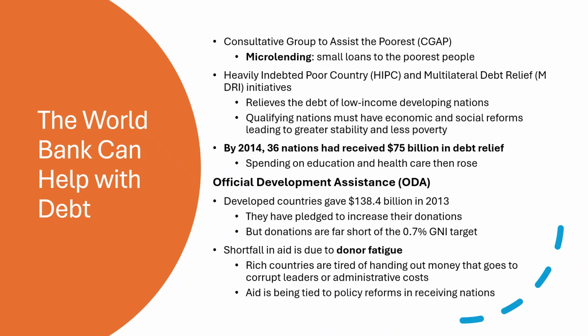That means that the countries who are typically asked to make those donations are getting a bit tired of doing it, and there's a lot of questioning about corruption of the leaders or administrative costs that don't really make sense. So in order to get help from an official development assistance program, many countries have been asked to really reform their policies.